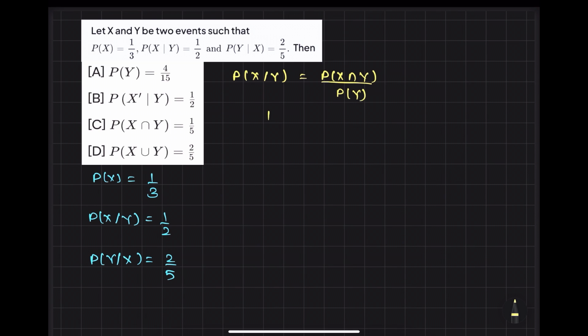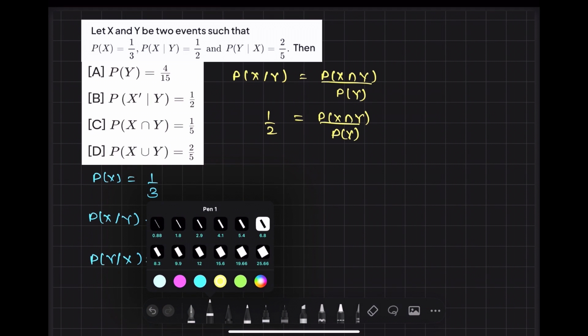It is 1 by 2. Now we don't have anything which belongs to P of X intersection Y, and we don't have anything which belongs to P of Y, so we will keep this as it is. Okay, now let's jump on to the next idea.